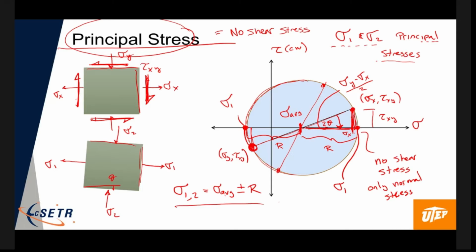So the tangent of 2 theta, and this angle here we usually call theta p because it's the angle that gets you into the principal state, equals the rise, which is tau xy over sigma y minus sigma x over 2. Okay, so you just take the arctangent of that and you get twice the angle.